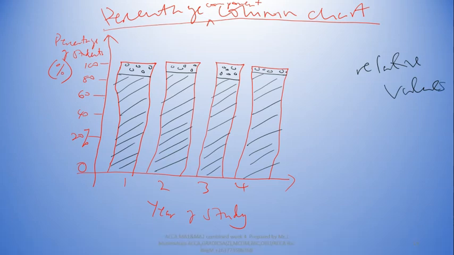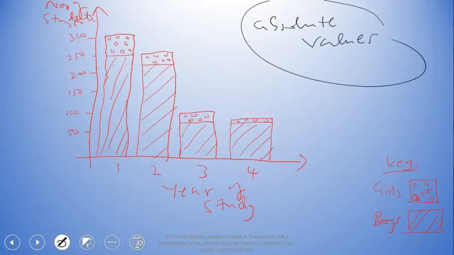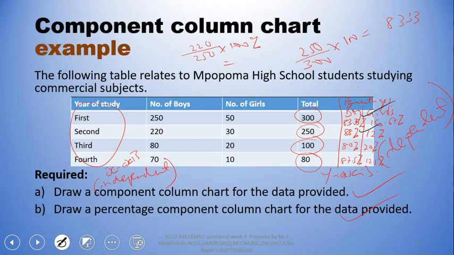The relative values are actually helpful because we know for planning purposes that the ratio of boys and girls has been constant all along. As you can see, even from these computations, it was about 80 versus 20, somewhere there.